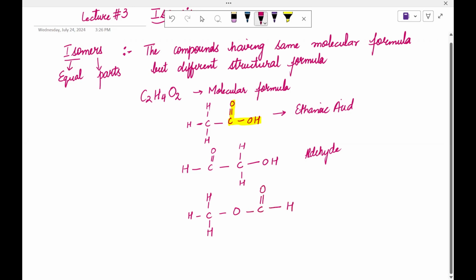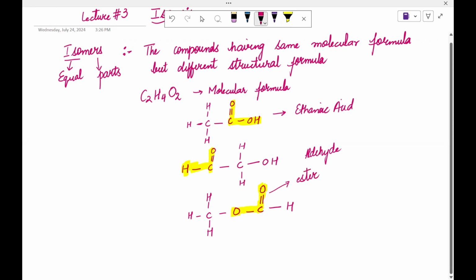So what does it basically represent? Is this also an aldehyde? No, this is not an aldehyde. This is something like C double bond O dash O, so it basically represents an ester. This is the functional group for an ester.